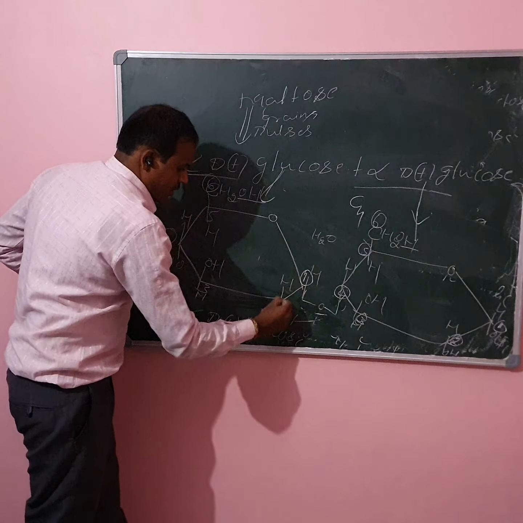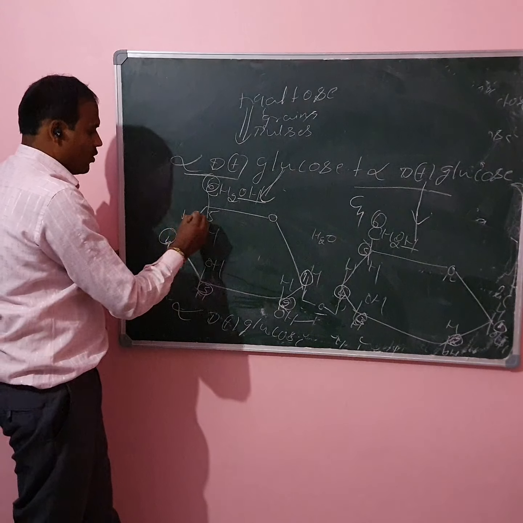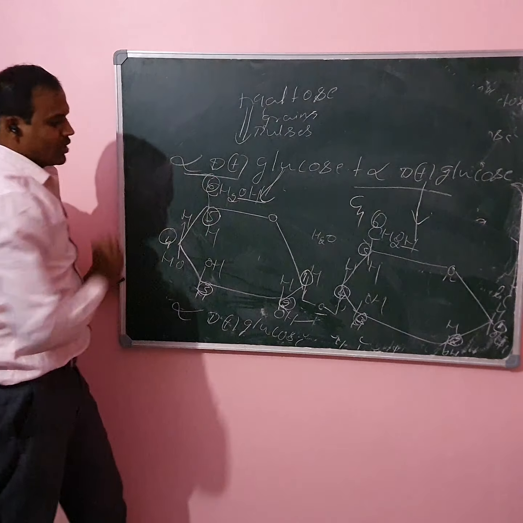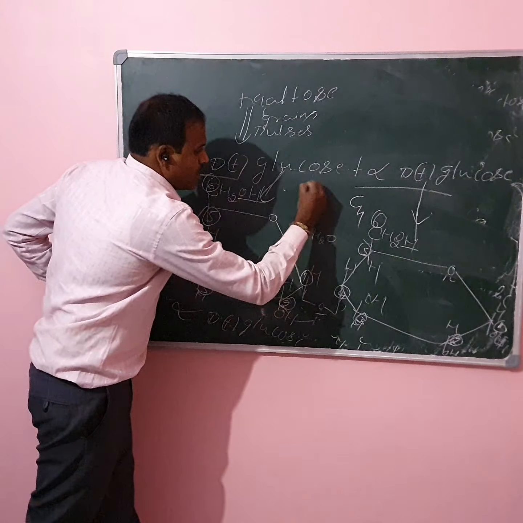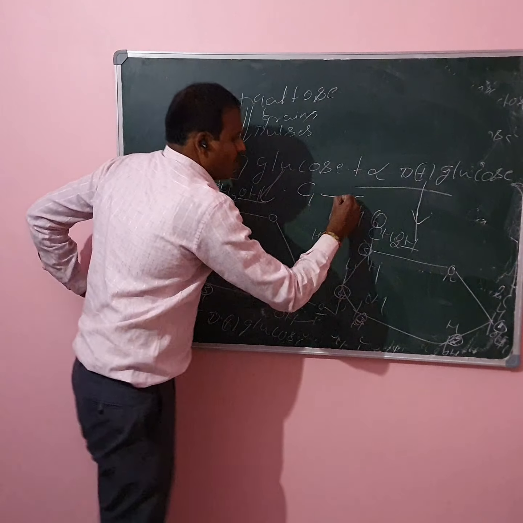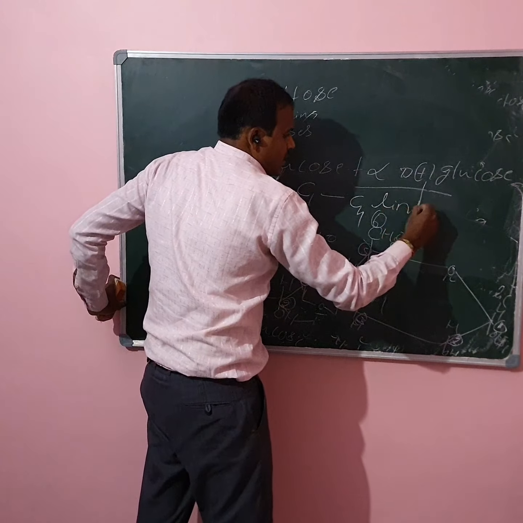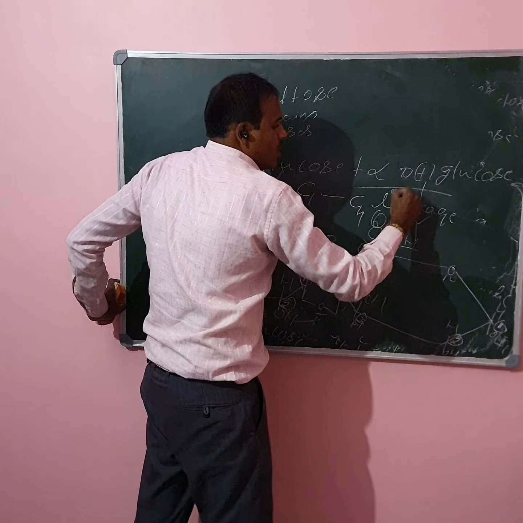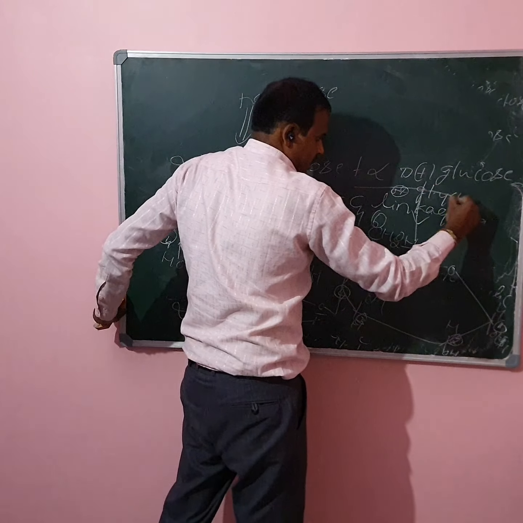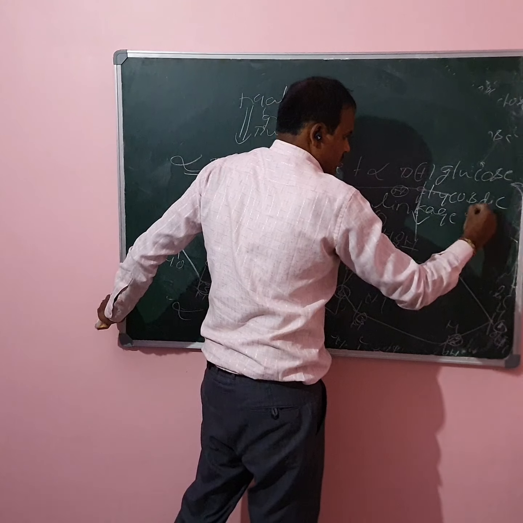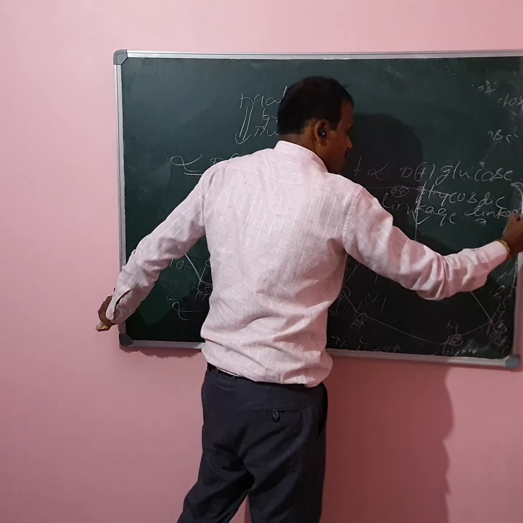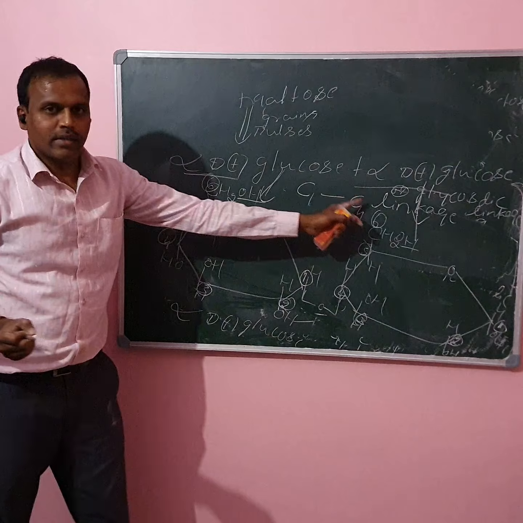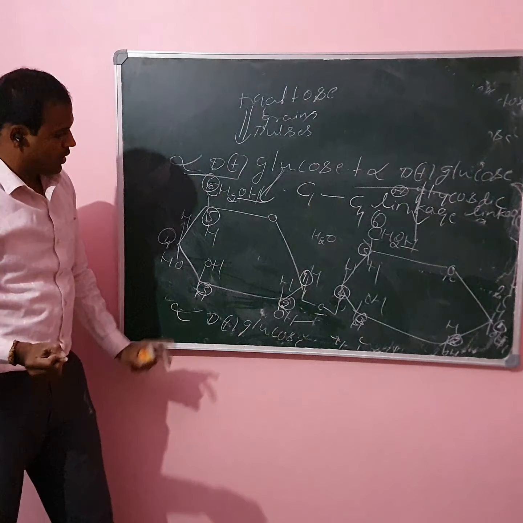This is C4 position on the second ring. What do you call this? C1 and C4 is the glycosidic linkage.